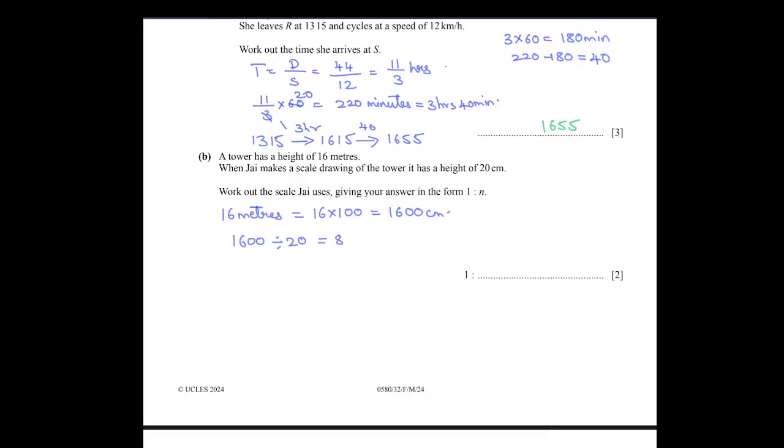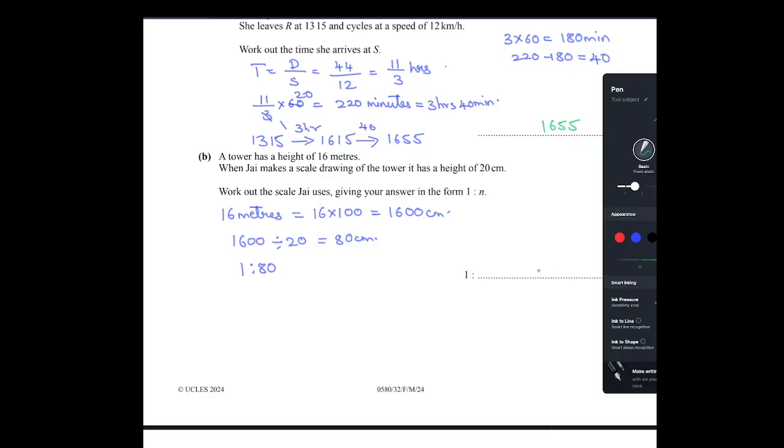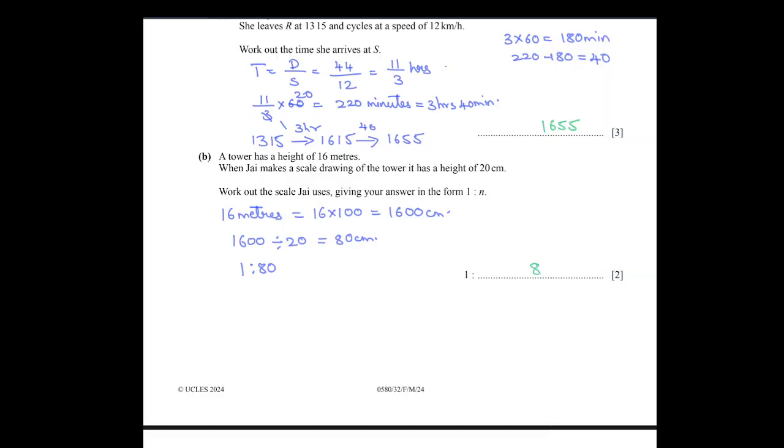So 80 centimeters of the tower is the scale for 1 centimeter. So 1:80 is the answer. You will write it as 80 in the answer.